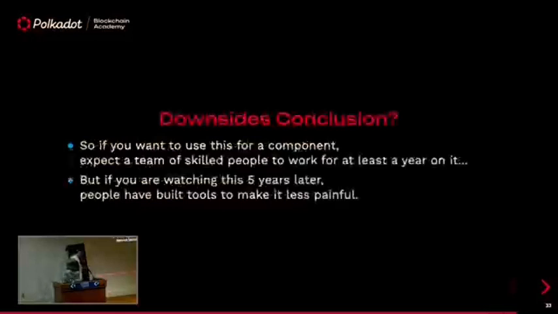And again, this is from 6 months ago, so things change very rapidly. But if you want to use this for one thing, expect a team of skilled people to work on it for probably a year.